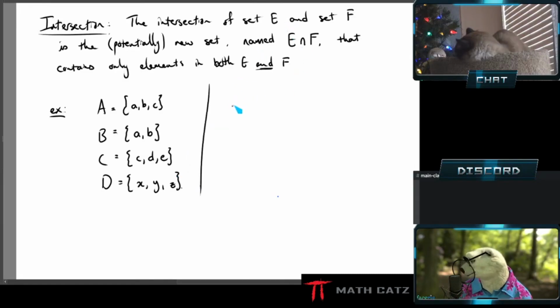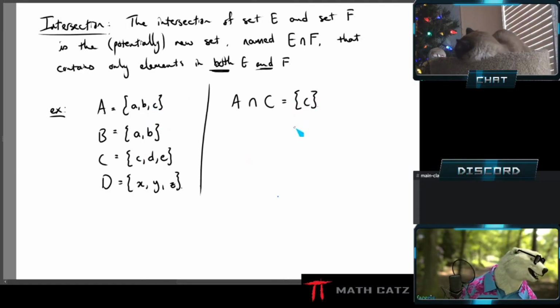We could say, first of all, A intersection C. And we often say just A and C. But we have to know what we mean by that and. It's the overlap. It has to be in both. And we see little c is the only element that is in both.